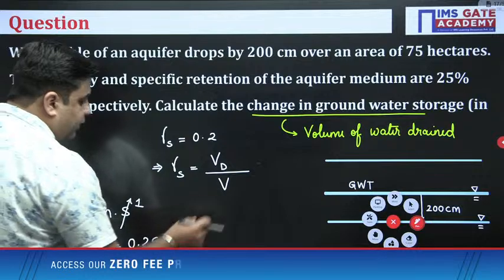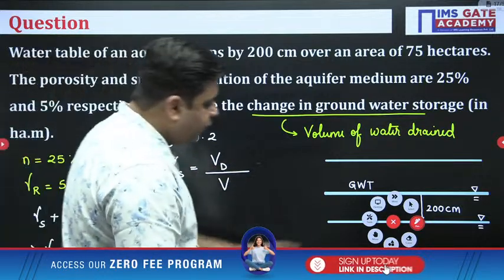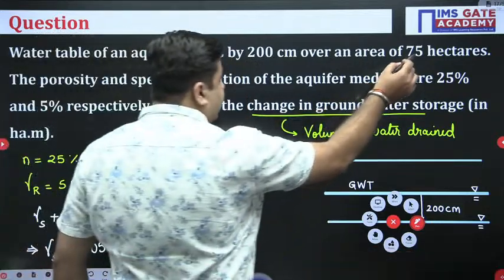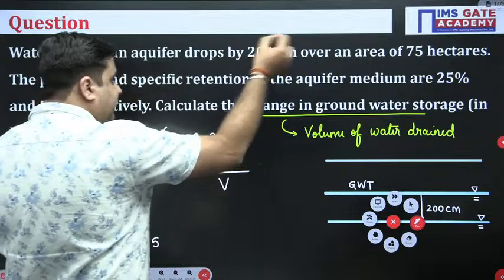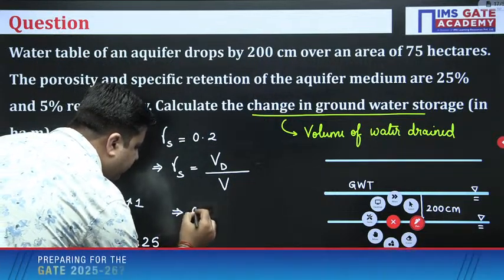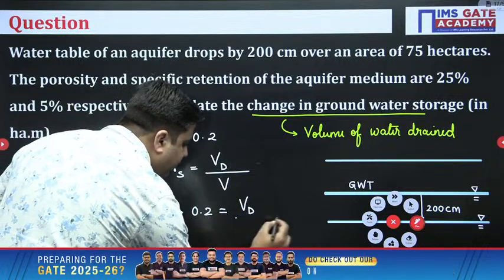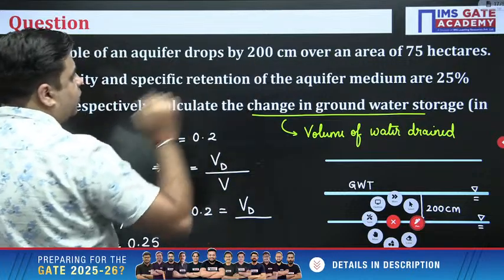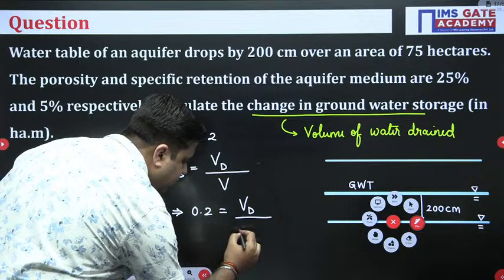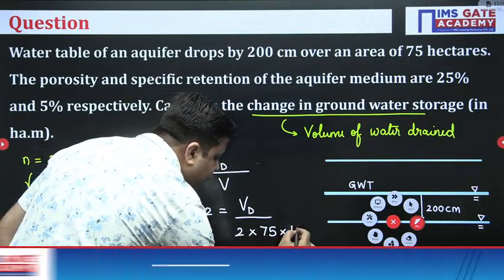So V will be 200 into 75. Now sir, you need to convert hectare into meters and centimeter into meters. So I will write gamma S is 0.2, VD we need to find out, divided by V. V is this 200 centimeter, which will be 2 meters. So 2 into 75 into 10 raised to power 4.